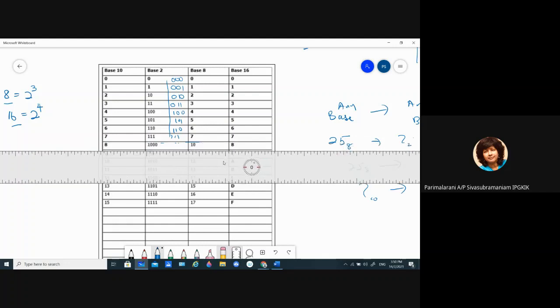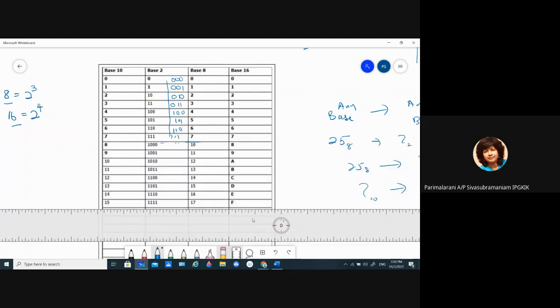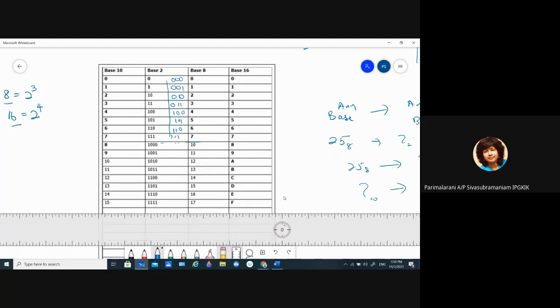For base 16, we have 16 different digits. You can see that F, the last digit here, is 1111. There are 4 digits in this base 2 number. E is 1110, also 4 digits.